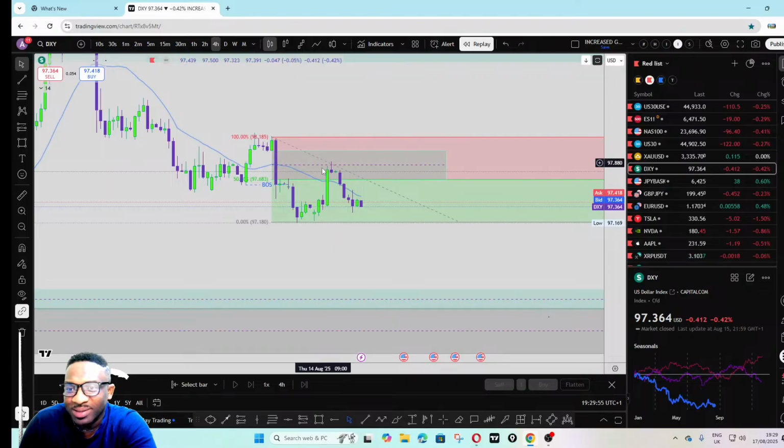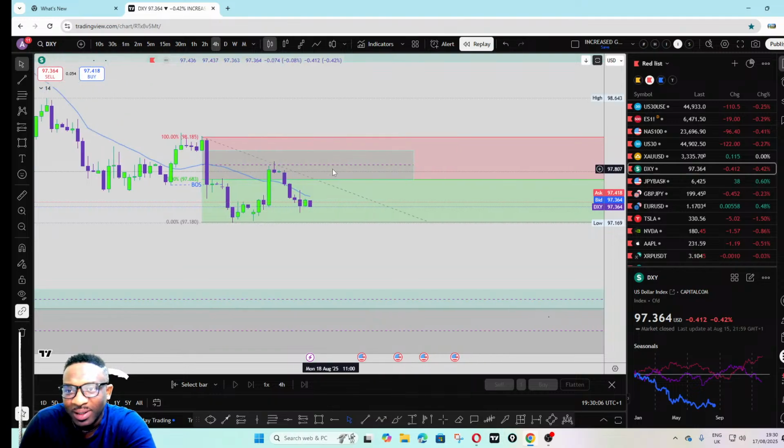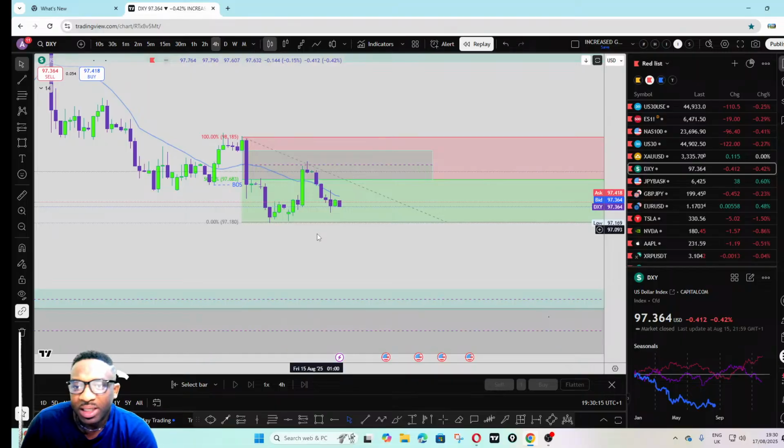But already price is in the premium zone, so getting an entry from here is a good one. So once you have an indication of the sell from this zone, it's a good area to take your trade from.